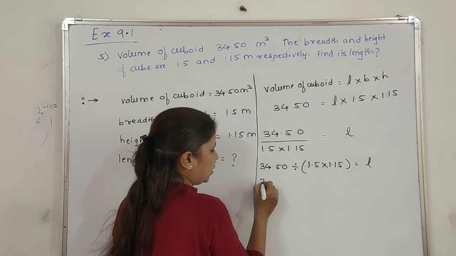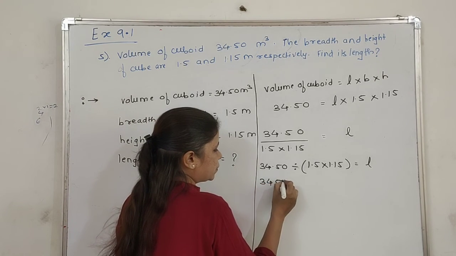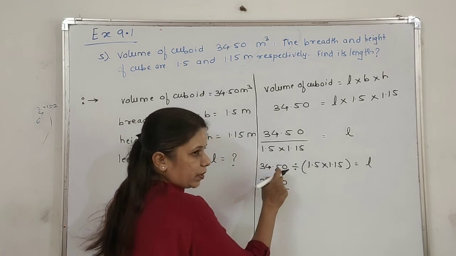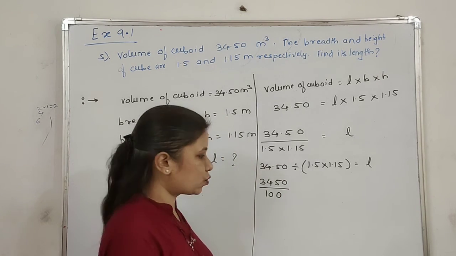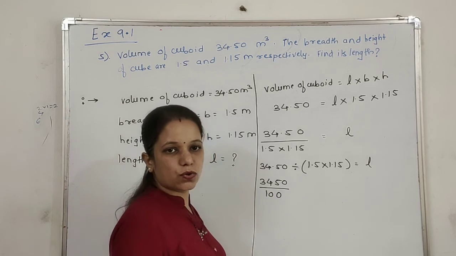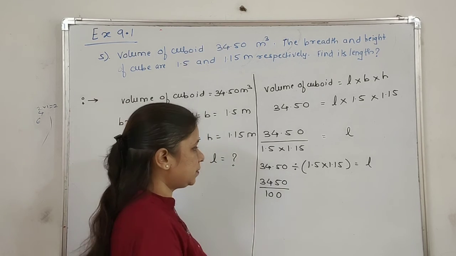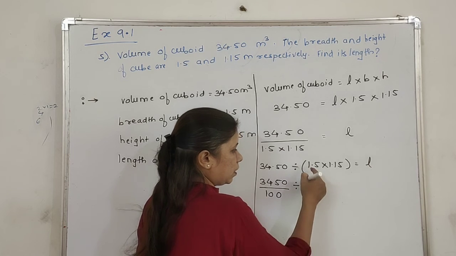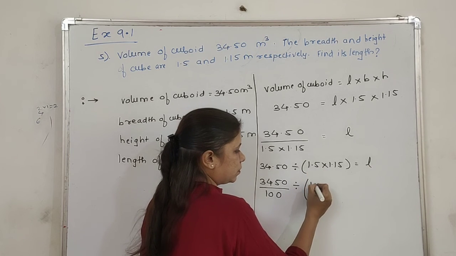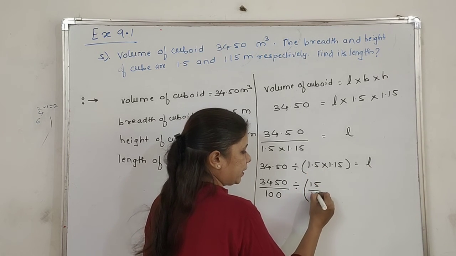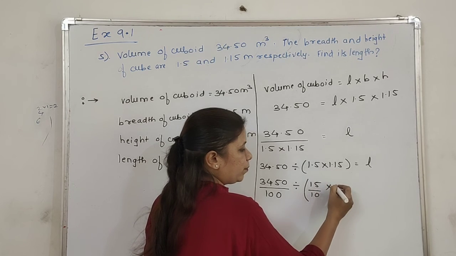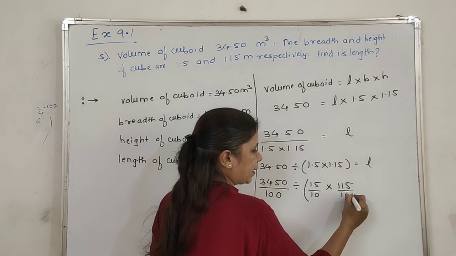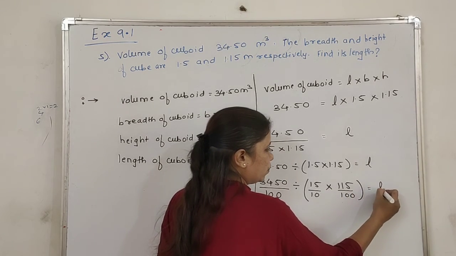So see here, 3450 upon 100. After decimal you have two digits, so we will take two zeros in the denominator, divided by 1.5. So 15 upon 10 into 1.15. So 115 upon 100 is equal to L.